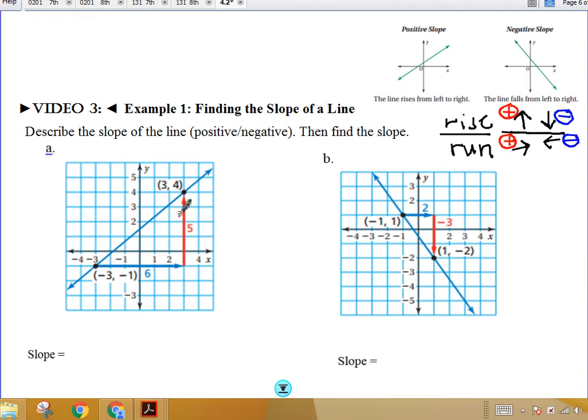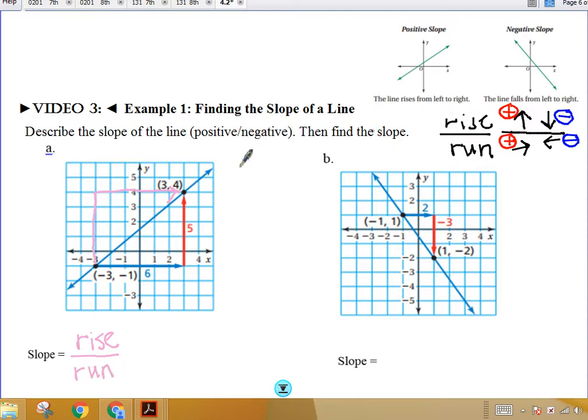Now if you think about the Jackie example, we could have gone first 5 up and then 6 to the right. And it doesn't matter whether you go horizontal first or vertical first. But when you write the slope, it's always vertical on the top, which is the rise, and horizontal on the bottom, which is the run.